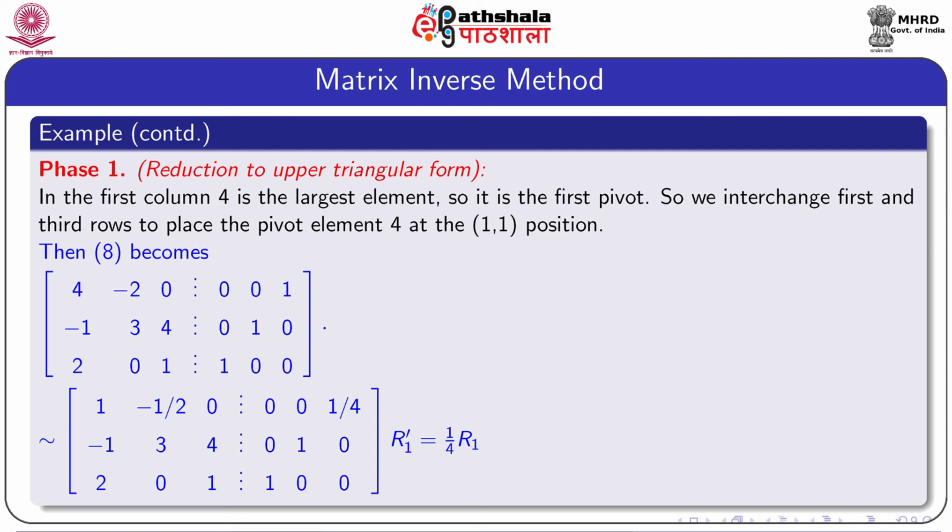Now, we divide the first row by 4, that means we apply the elementary row operation R1 prime equal to 1 by 4 R1. So, using this operation only the first row is changed, that means this becomes 1, minus half, 0, 0, 0, 1 by 4, and the second and third rows remain unchanged.